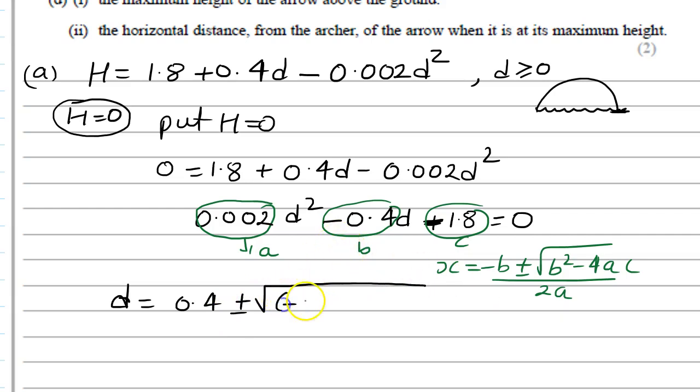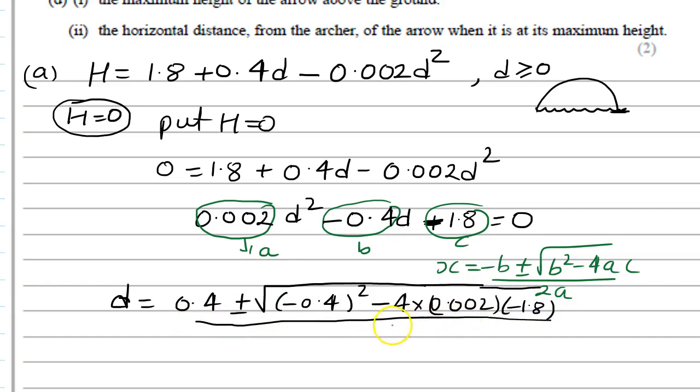So let's write down minus 0.4 square minus 4, a is 0.002, and c is minus 1.8, divided by 2a. So 2 times 0.002.